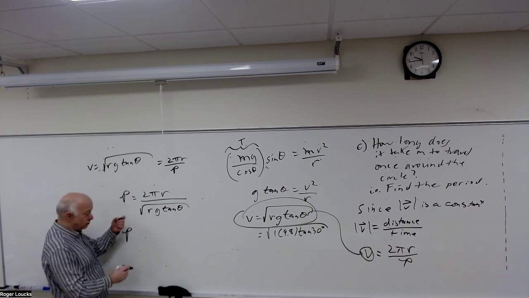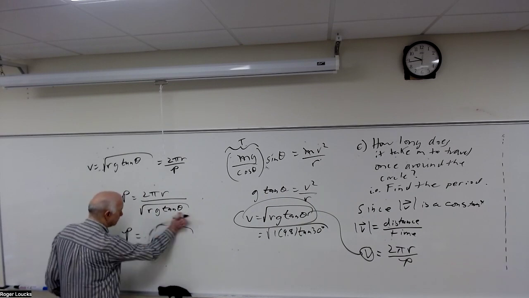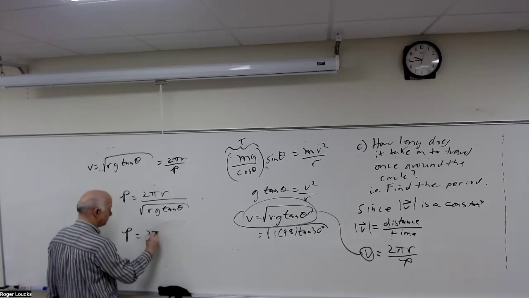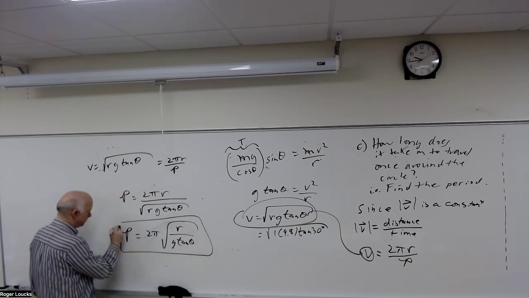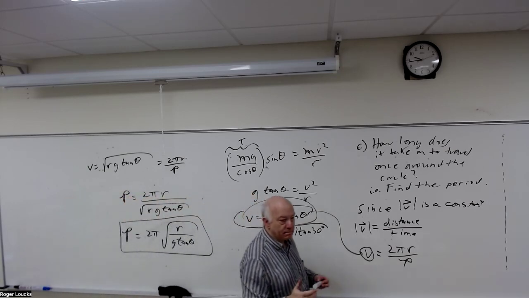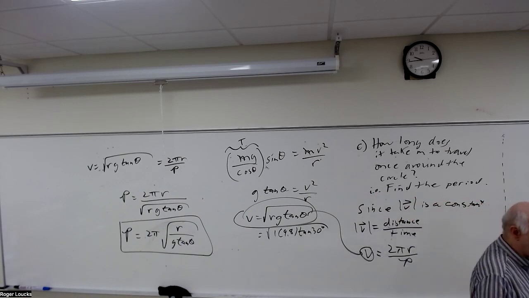Again, this isn't wrong, but the way you want to start writing things is as you're going to see them in textbooks and papers. Then you put in your numbers, Shazam, and you have the time it takes for that to go around once. Pretty simple.